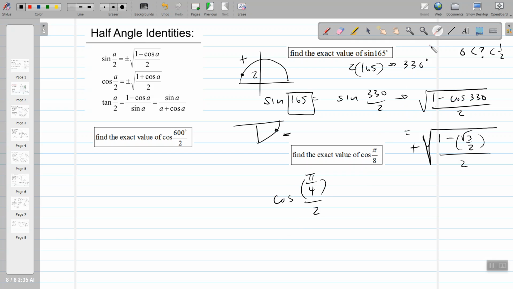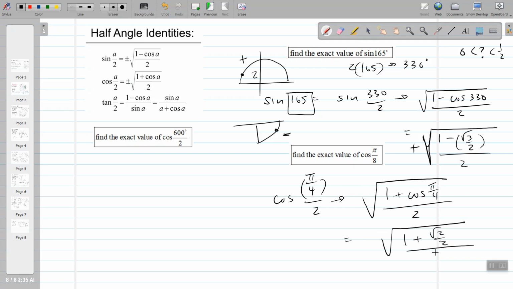Okay. When we plug this into the formula over here, we will get square root of 1 plus cosine of pi over 4, all over 2. That's going to be the same as square root of 1 plus radical 2 over 2, all over 2.